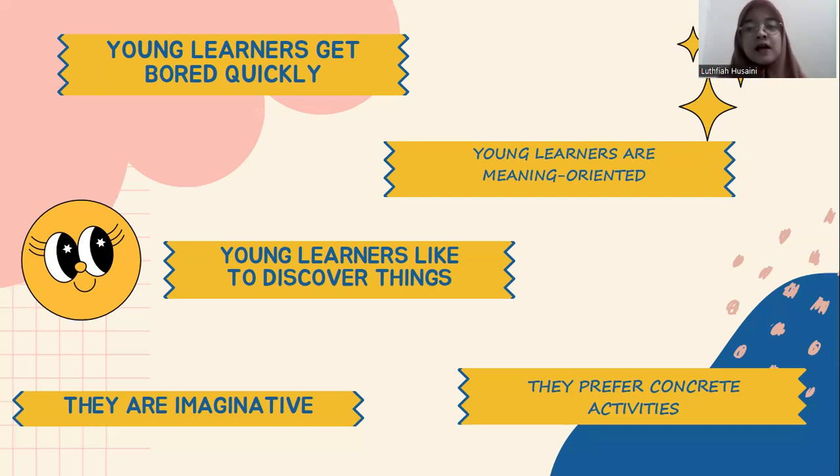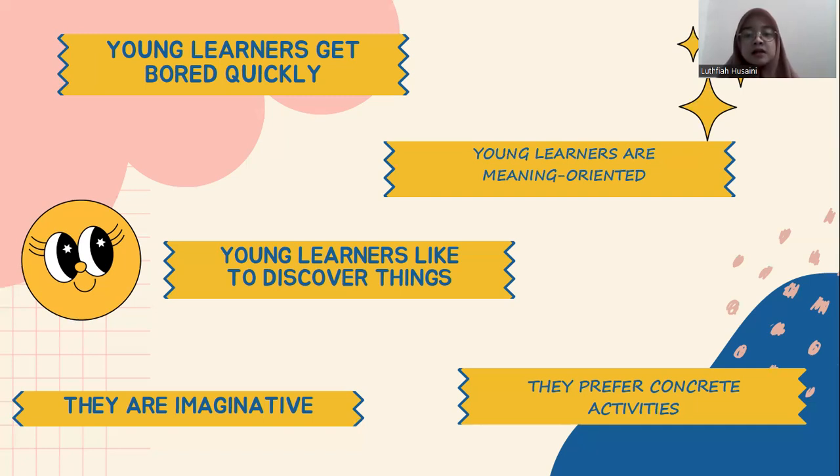So the second characteristic is young learners are meaning oriented. They may understand what is being said to them without necessarily understanding every individual word, but they can get what we say. The third characteristic is young learners like to discover things.